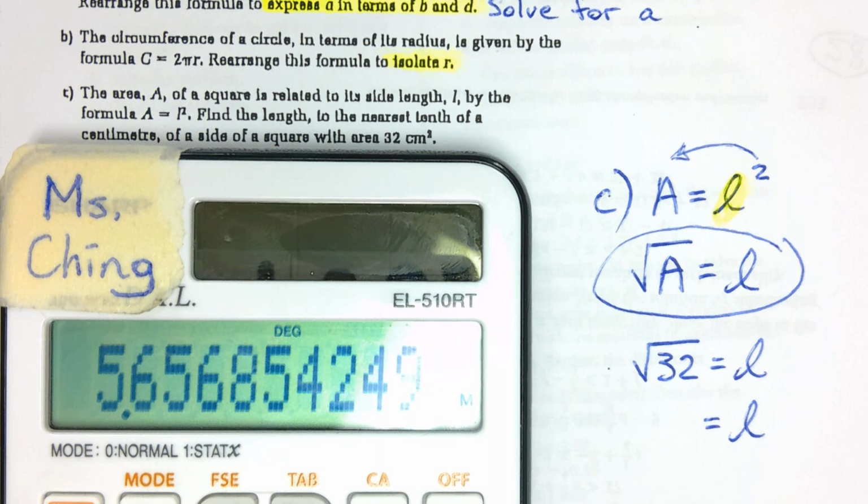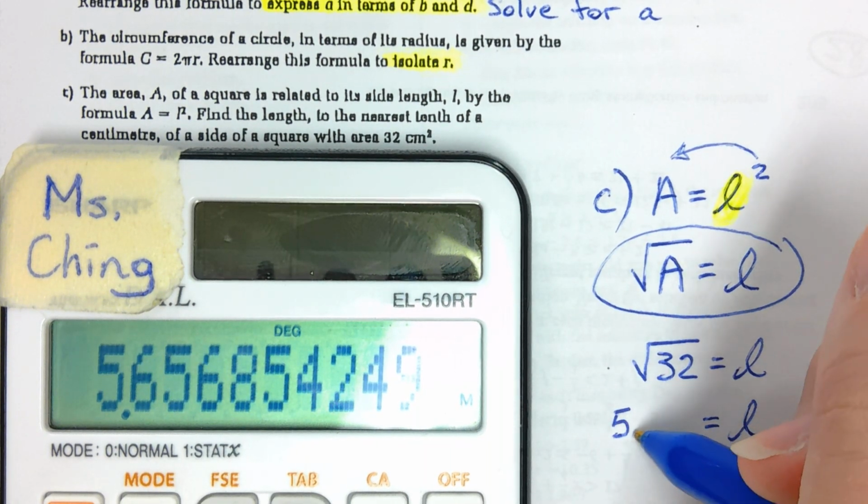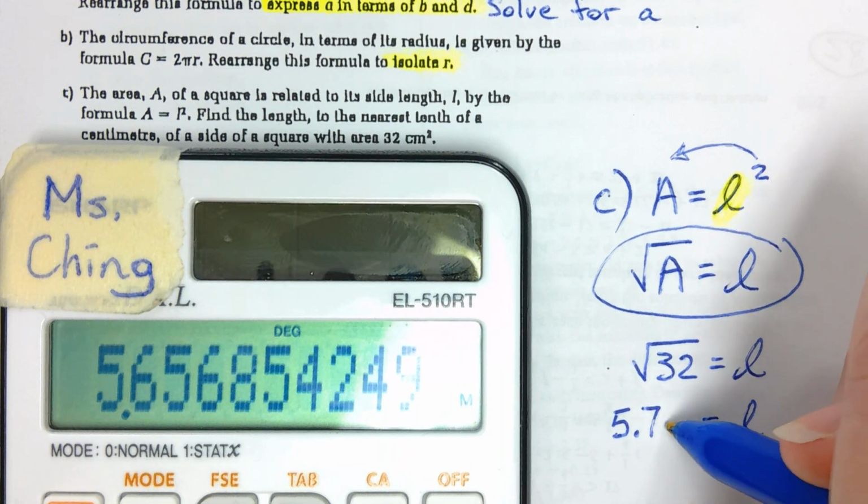Sorry, I didn't hear the last part. 5.66. Half a mark off. 5.7. Still half a mark off. 5.6 centimeters, units. Okay, so I didn't say what to round to. So whatever you rounded to, I would have given you the mark, but you have to have units.